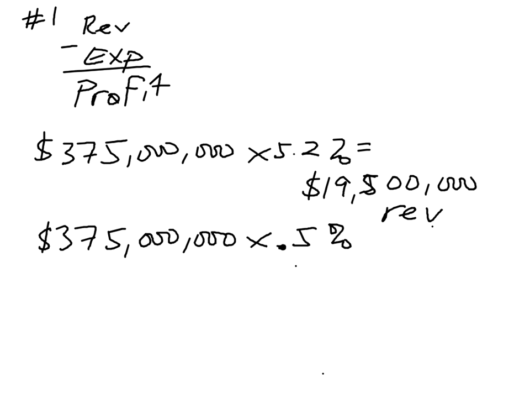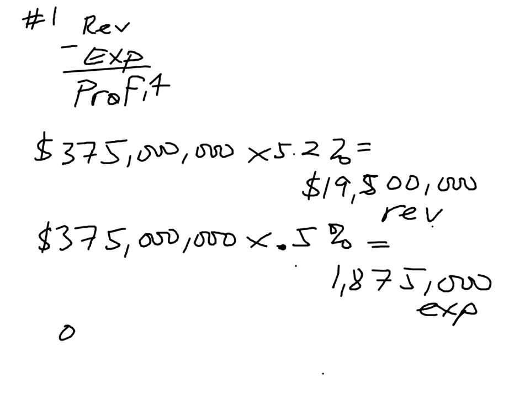And don't forget that 0.5, because 5% and 0.5%, as you know, is very different. So we have to make sure that we get the decimal right. But 375 million times 0.5% is going to be $1,875,000 in interest that we're spending.